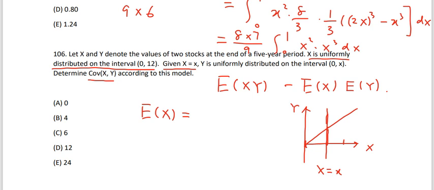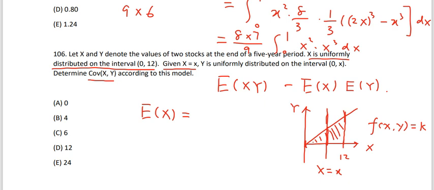Okay, so we know x is from 0 to 12, right? So the region for x, y is a triangle, and the density function f(x, y) is constant, equal to k. At first we need to find this k.